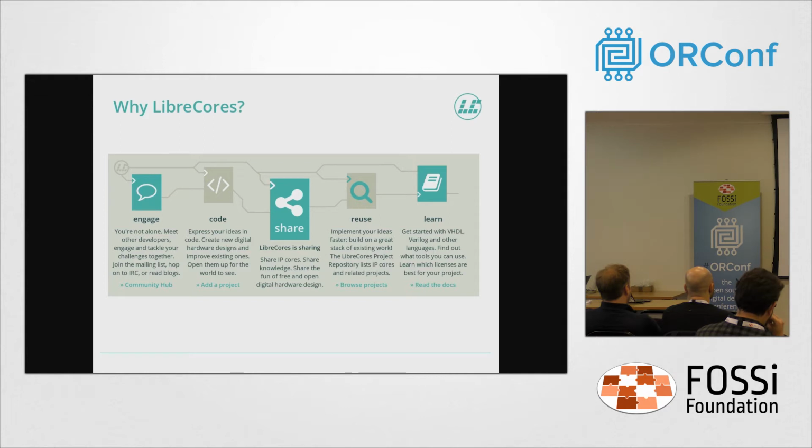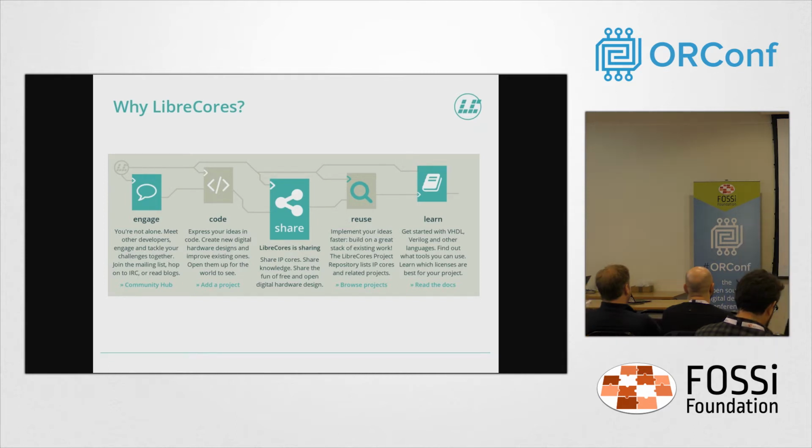Into that area also goes, of course, the reuse part. We see so many, and I'm just going to call them IP cores for now, pieces of hardware that have been written over and over again. I think there are 1,000 or 10,000 or 100,000 UART cores out there, everybody reinventing the wheel, everybody fixing bugs in one core and then using another one and finding the same bugs there again.